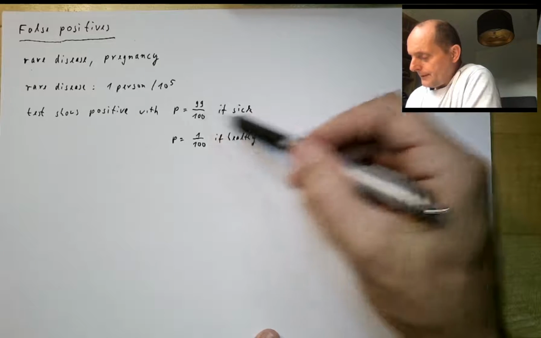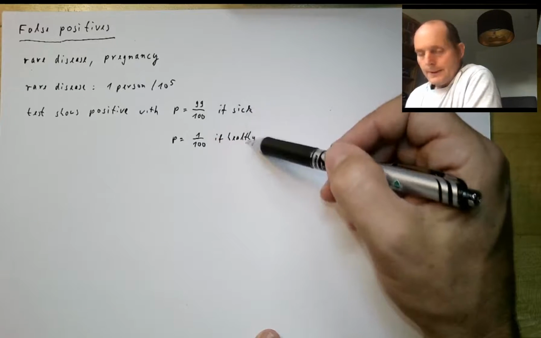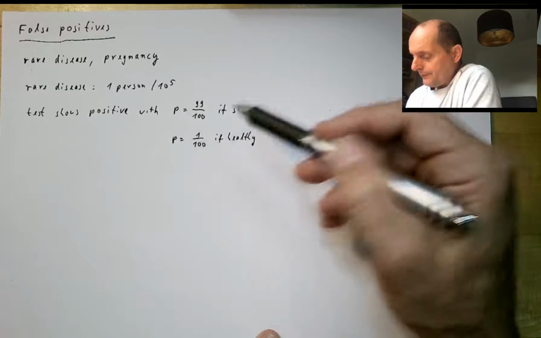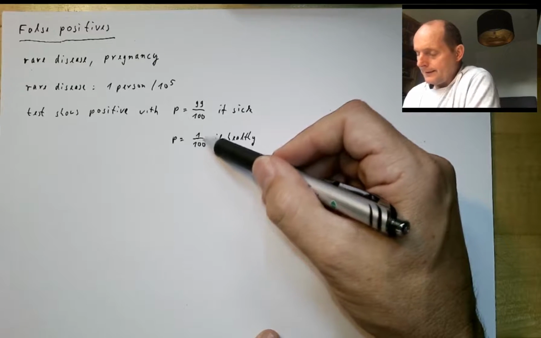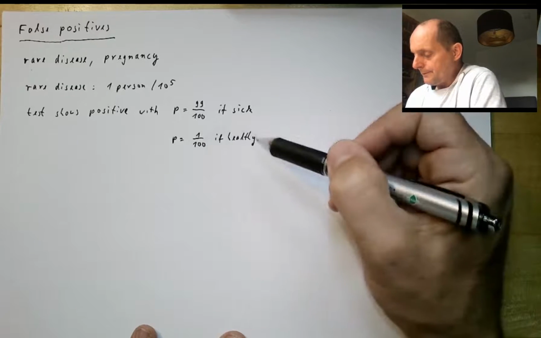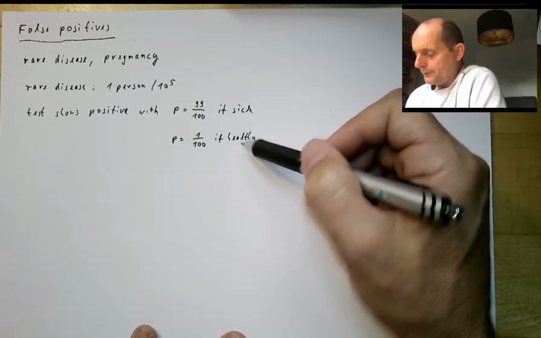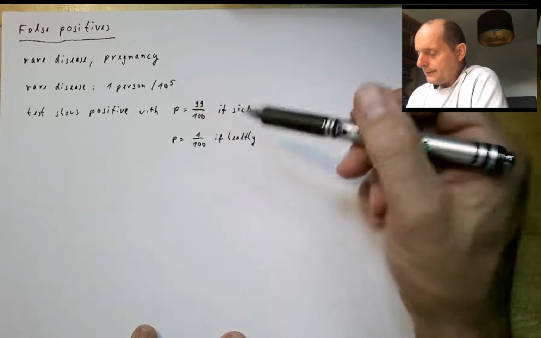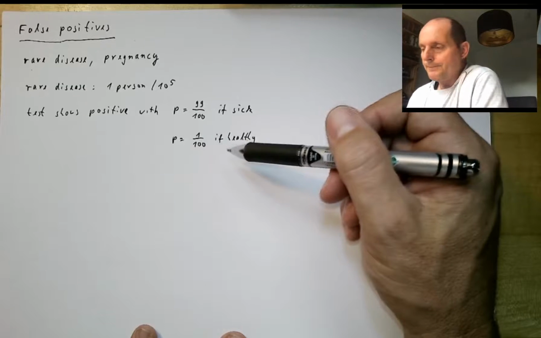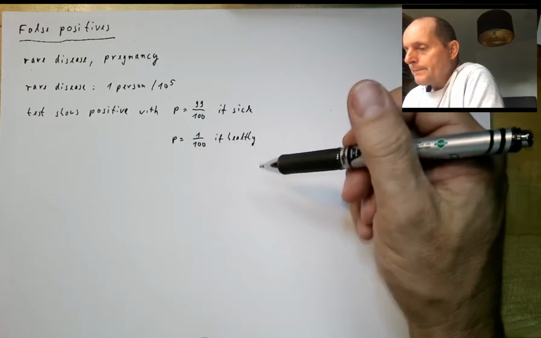So a person might have corona or might not have corona, and with a small likelihood we have this false positive, that the test indicates that the person is positive with corona, even though in fact the person is healthy. Or with a pregnancy test, the test shows positive even though the woman is not pregnant.